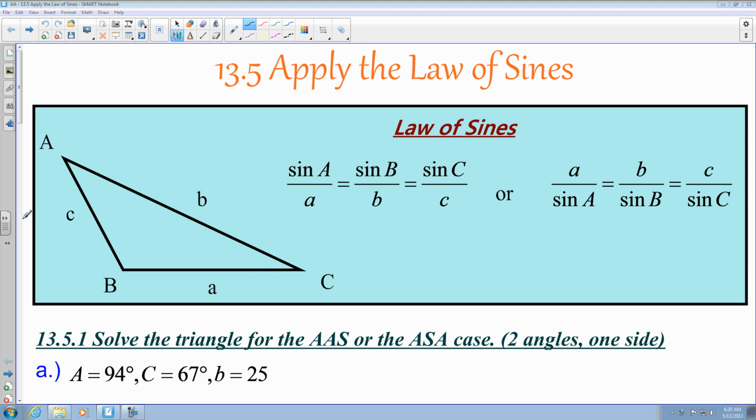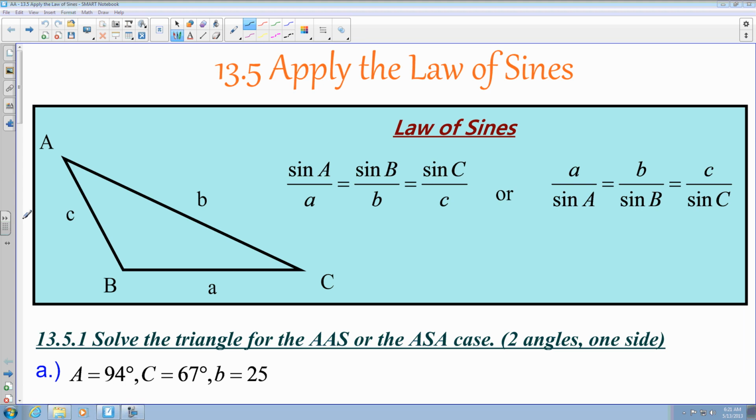And that's allowing us to apply the definitions of those trig functions with right triangles. Now we're going to go away from right triangles for a bit and be able to solve any kind of triangle. And being able to initially solve it is by using what is called the law of sines.